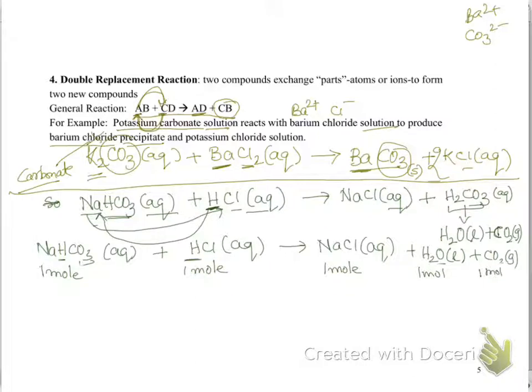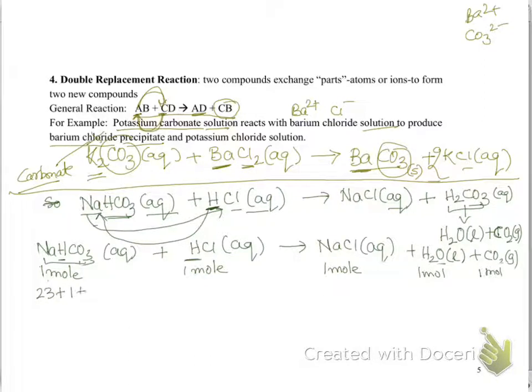Now how to convert these moles to grams? That means you are calculating the molar mass. So 1 mole of sodium atom has a mass of 23 grams. I'm taking these numbers from the periodic table.